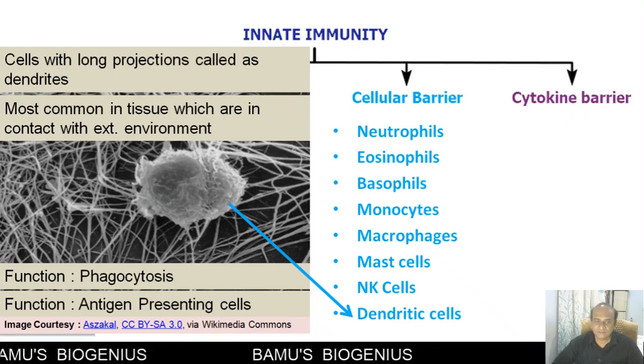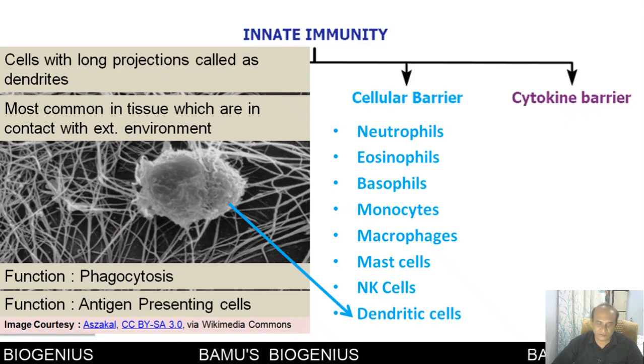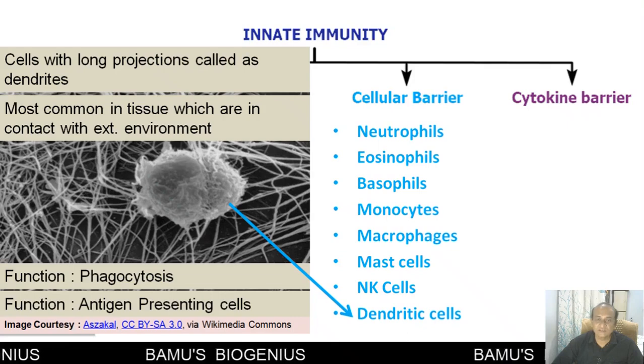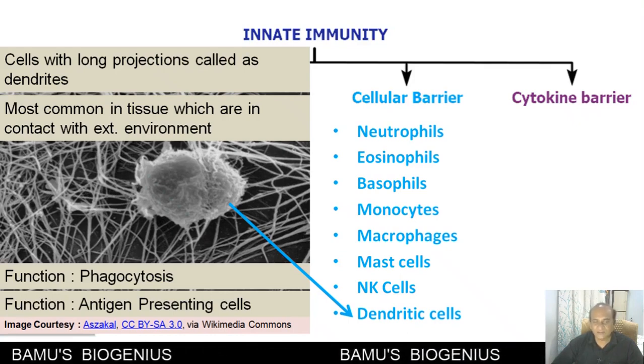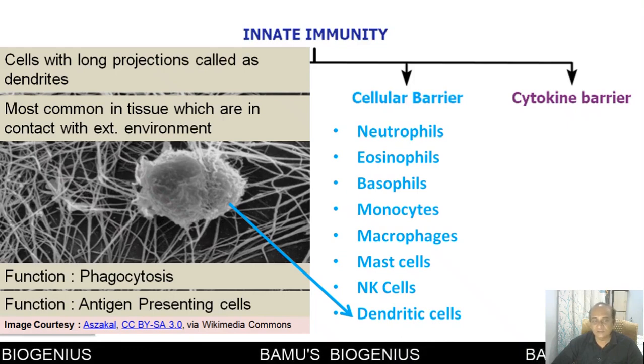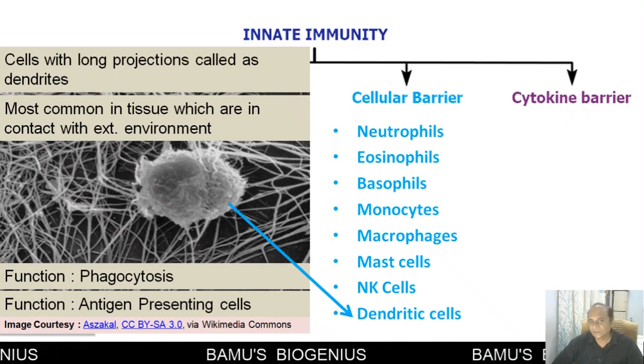The function of these dendritic cells is that they phagocytose the pathogen, and along with that they have a special function: they are also called professional antigen presenting cells. Whenever a microbe is engulfed by these dendritic cells, parts of that microbe, or we can say the antigens, are displayed on the surface of the dendritic cells, so that they can stimulate, they can instigate the adaptive immune system.